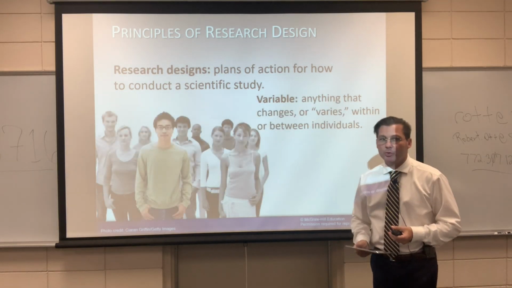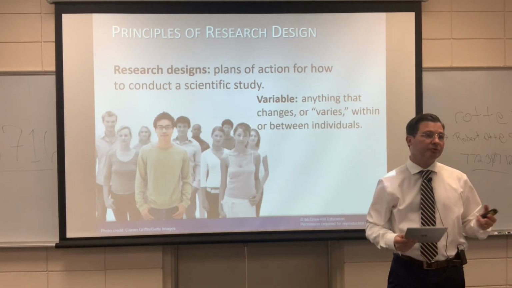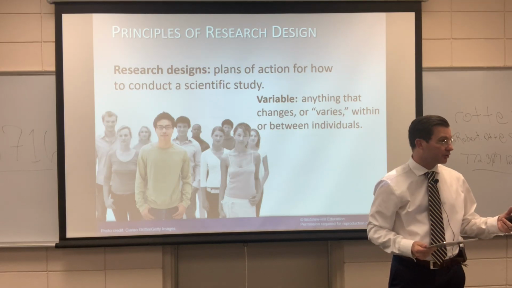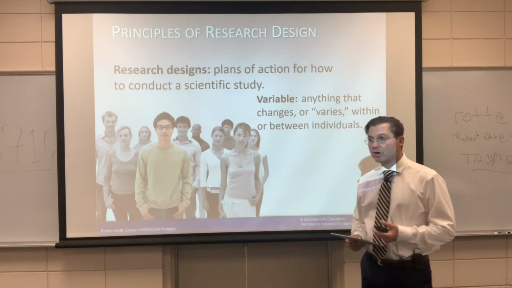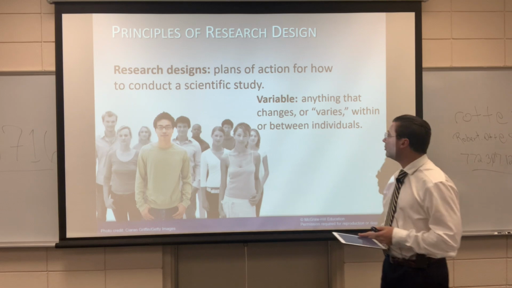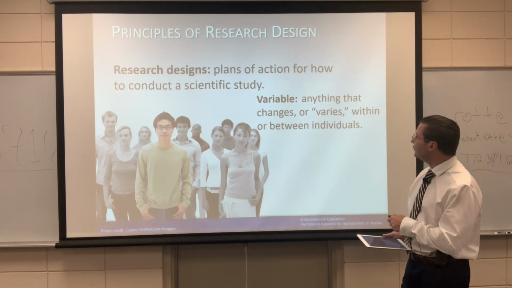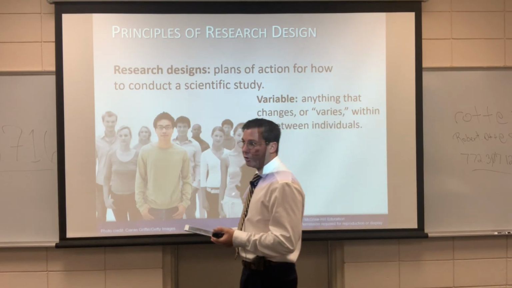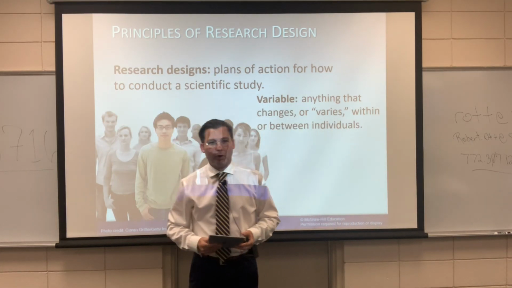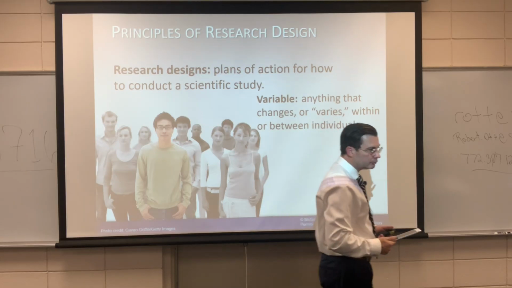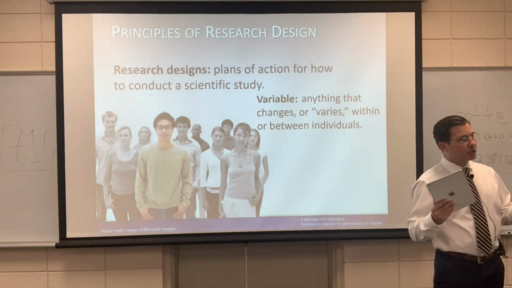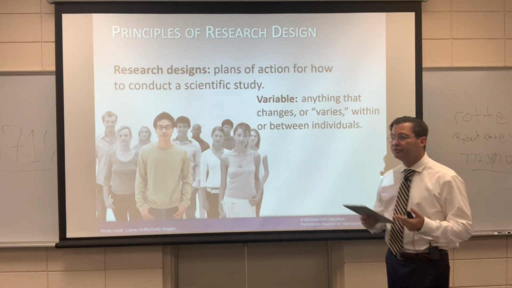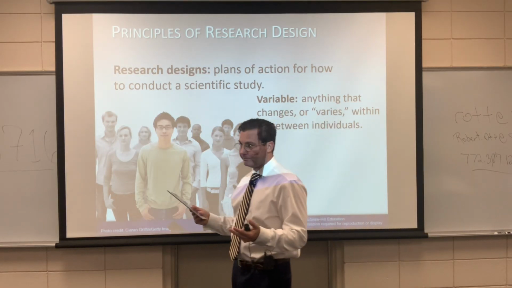Within each study, we're going to look at variables. Variables are sometimes referred to as constructs as well, psychological constructs or variables. What variables means is anything that changes or varies. So for example, if we were looking at aggression, are there different degrees of aggression?